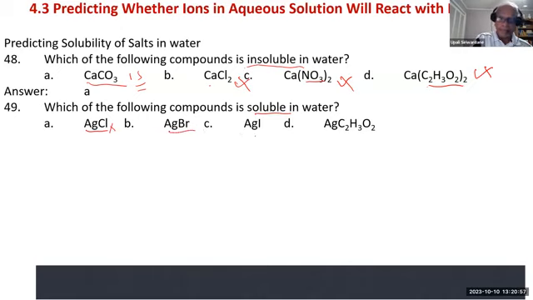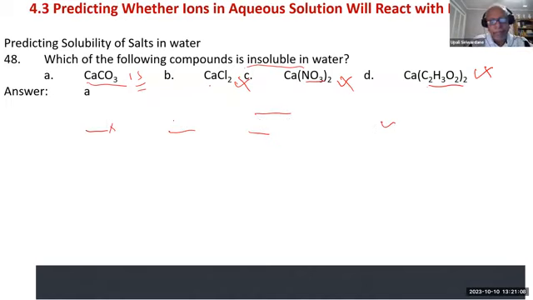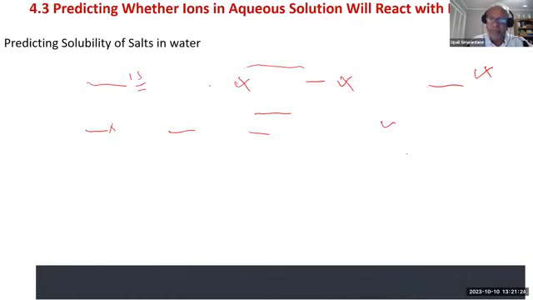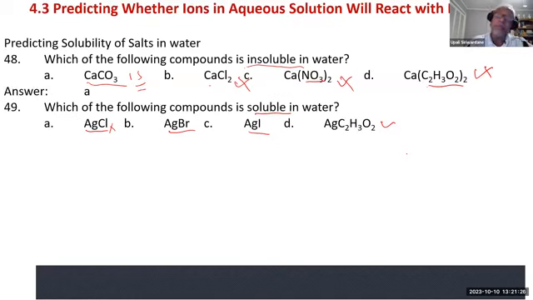Silver, this is soluble for sure. Let's go back, look at the silver bromide. They say sulfates are soluble. But for sure, the most basic rule, any acetate is soluble. Therefore, that is the most suitable answer. So D is the answer for sure.